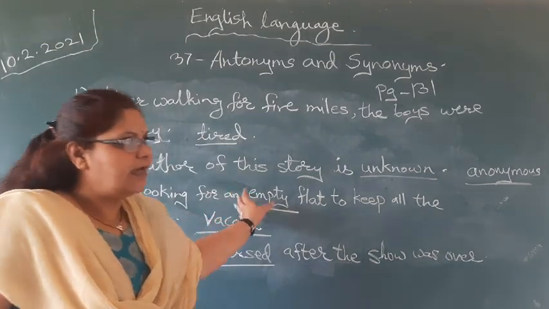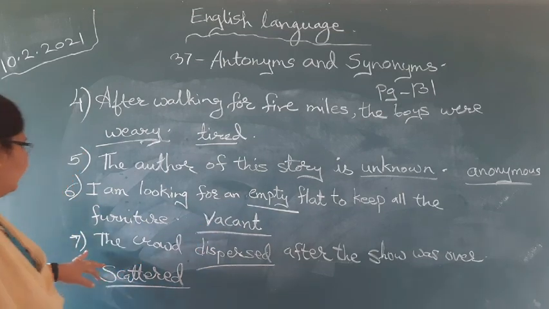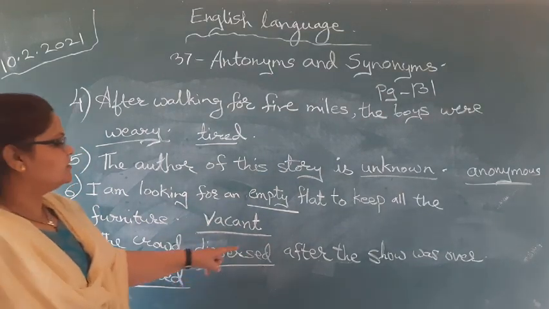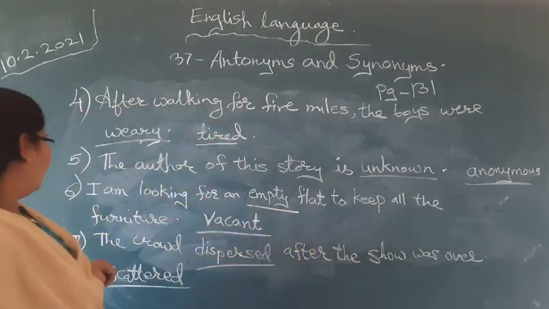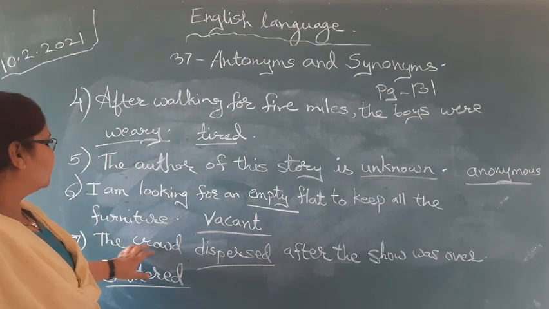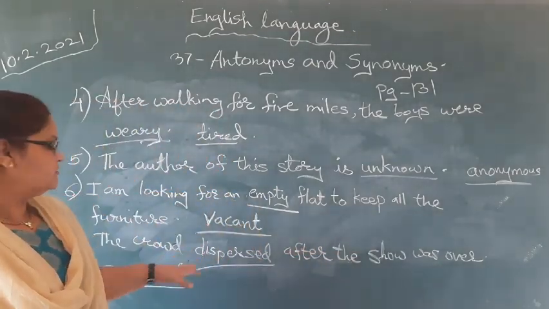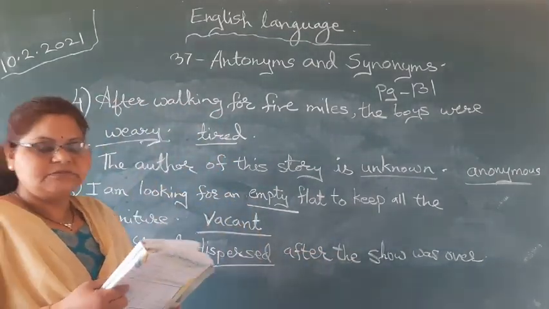Vacant यानी क्या? खाली. Okay. So the similar word for empty is vacant. The crowd dispersed after the show was over. Scattered. So in the sentence you can say like this also. The crowd scattered after the show was over. In this way you can make 2 types of sentences.